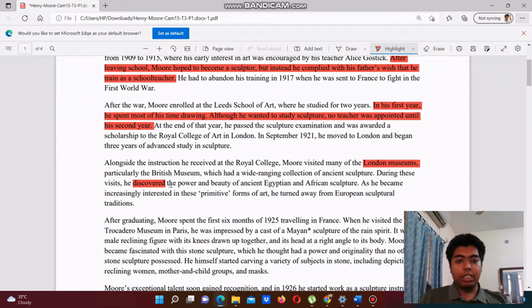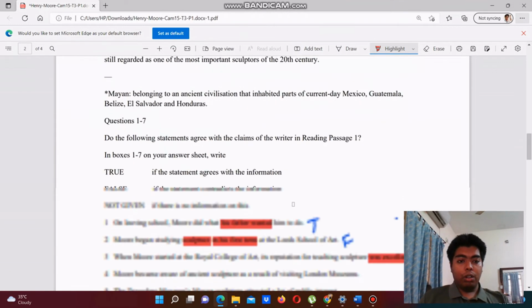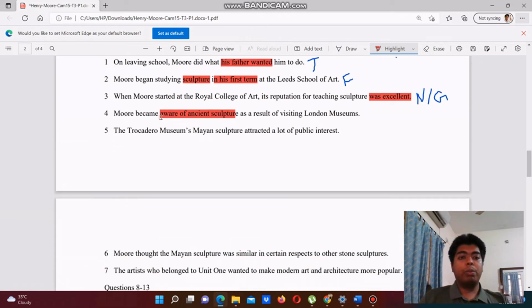So when he visited these museums, he discovered how powerful and how beautiful the ancient Egyptian and African sculpture is. He discovered it after visiting these museums. So we can say that Moore became aware. Yes, it is true, Moore became aware of ancient sculpture as a result of visiting London museums. He wasn't aware of it before, so this answer is true. It's very easy, guys.